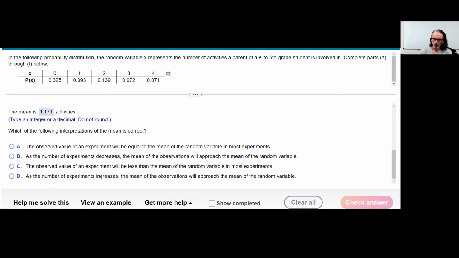So let's say that whatever size sample they got this from, and then they keep grabbing samples of the same size, keep doing it, and find out what the mean was for each of those. Then take the mean overall for all those different samples. Keep doing this, more and more samples of the same size. I would expect we're getting closer to 1.171 for an average.